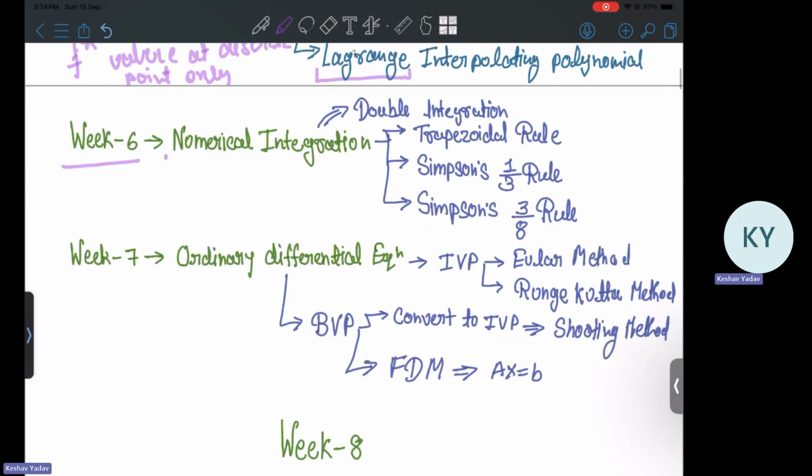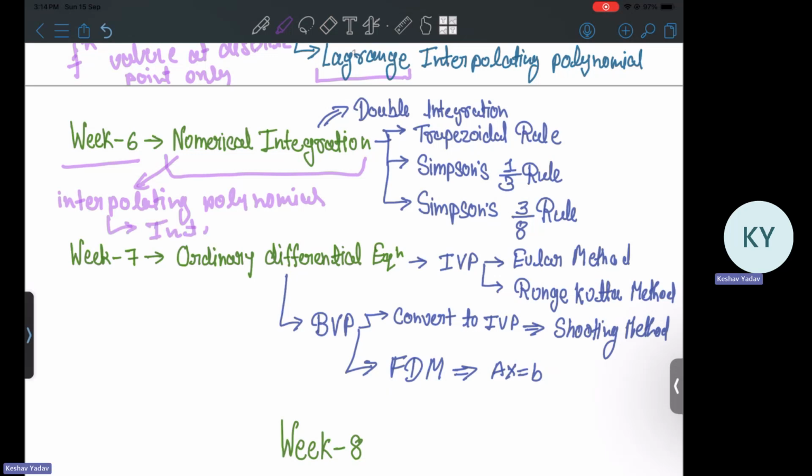Then in week 6 we discussed numerical integration. In numerical integration, what do we do? First we fit an interpolating polynomial. Then we integrate it.